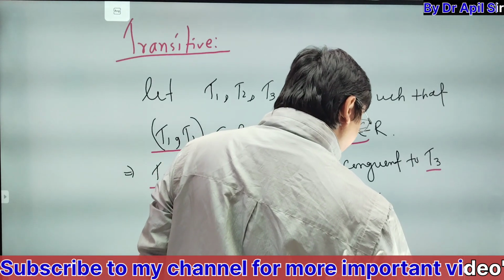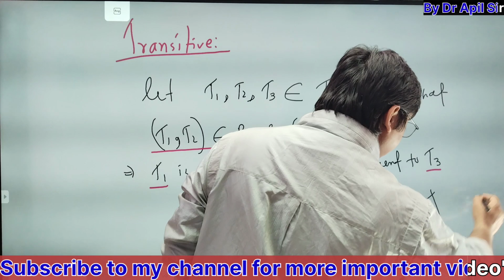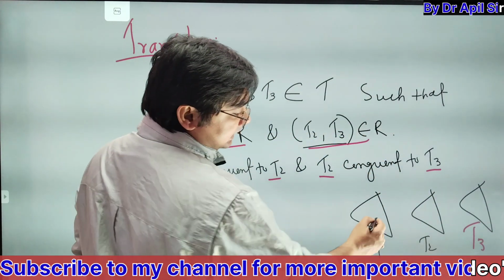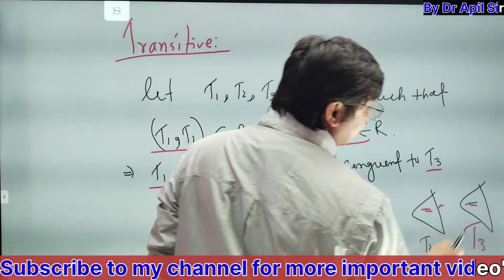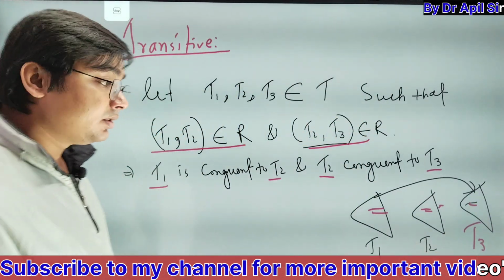So now you see, triangle T1 is congruent to T2 and T2 is also congruent to T3. Suppose we consider this is T1, this one is T2, and this one is T3. Since this triangle is congruent to this one and this is also congruent to this one, obviously the first one will be congruent to the last one, T3.